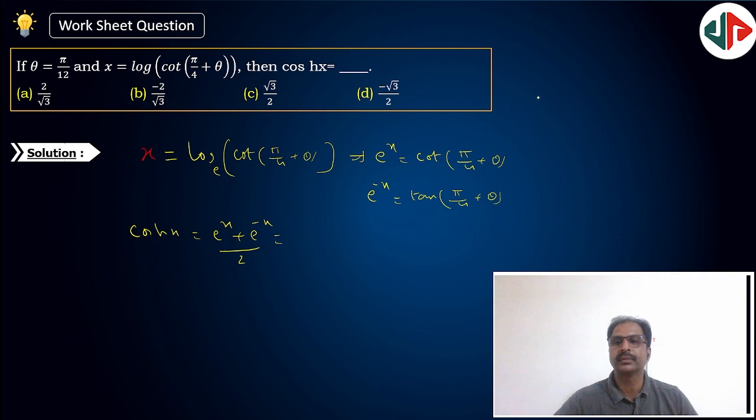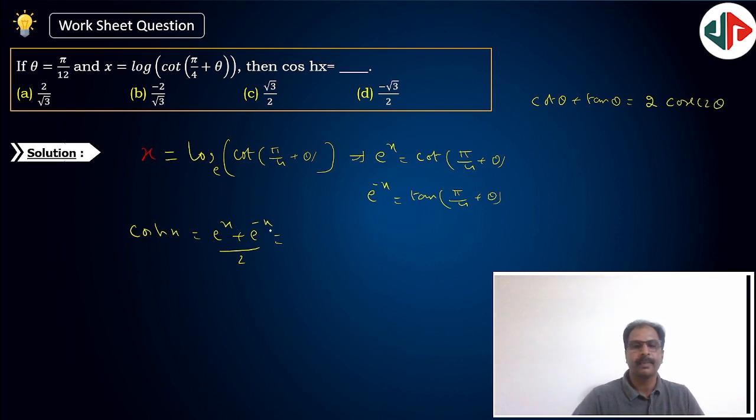And remember, cot theta plus tan theta will be 2 cosecant 2 theta. Now here, cot of (pi by 4 plus theta) plus tan of (pi by 4 plus theta), by 2.